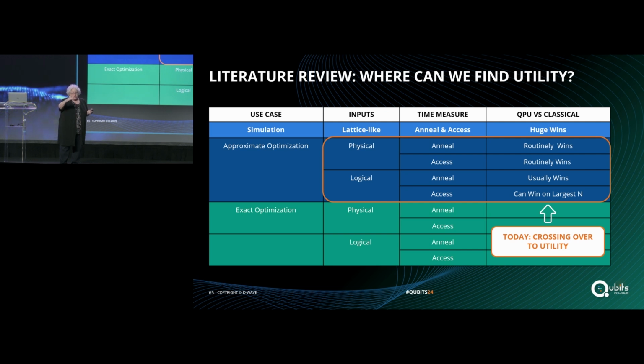Under these different cases, you can start classifying. You go to look in the literature: do you see a lot of wins? Are they usually winning? And this is what I came up with. In this space where we're doing approximate optimization, we can see that depending on whether it's a physical graph or a logical graph, or anneal time versus access time, either the QPU is going to routinely win, or it can usually win, or sometimes we can say, well, as far as we know, it can and it can't, but mostly it's a little more unbalanced, or a little more balanced that way.